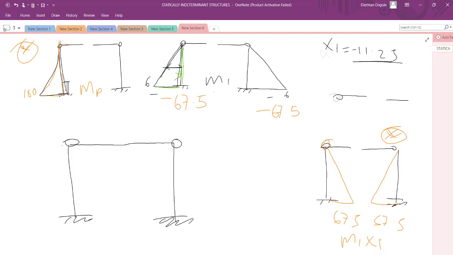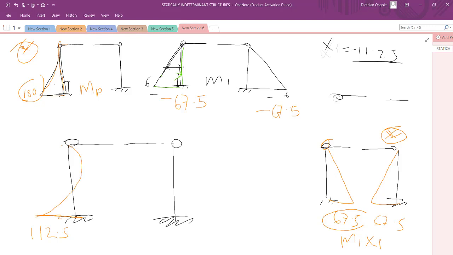Then for this bottom part I have 180, here I have 67.5 but on the opposite side, so I take 180 minus 67.5, which gives me 112.5. Therefore at this point I would have my moment as 112.5. Then I construct my bending moment diagram like that.